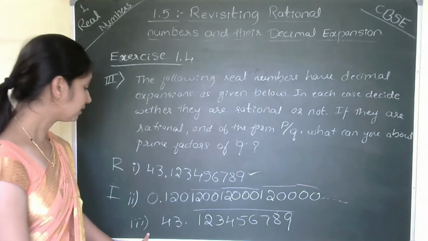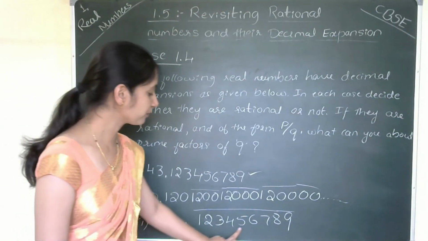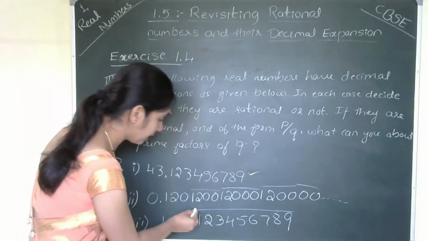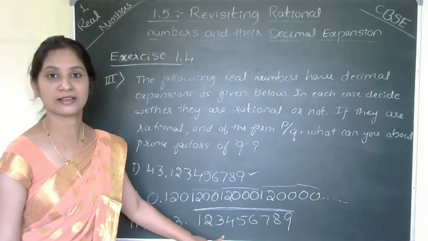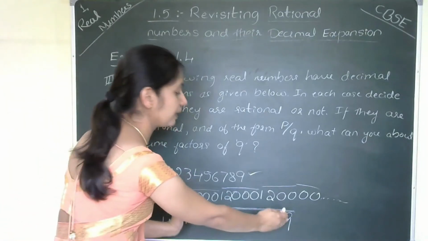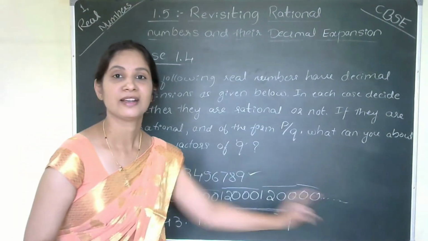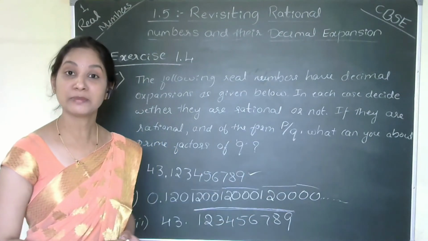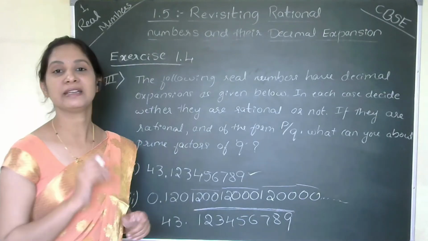And the third one is 43.12345678 with a line drawn over it. That means you will observe this block of numbers repeatedly, one after the other. That means it is non-terminating but repeating.